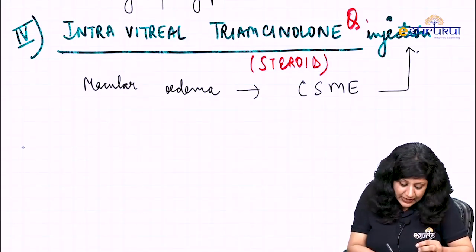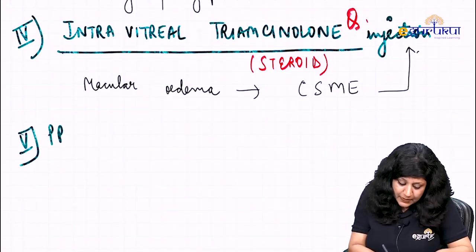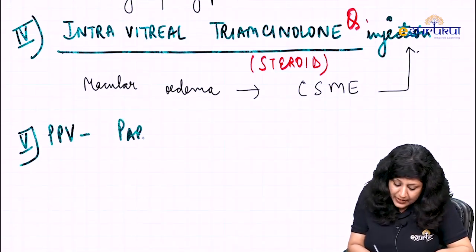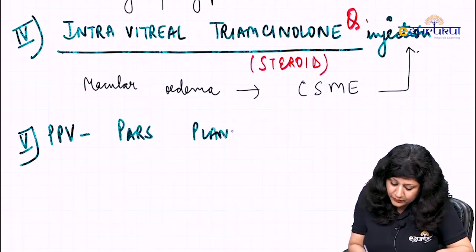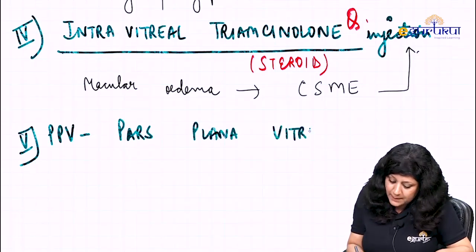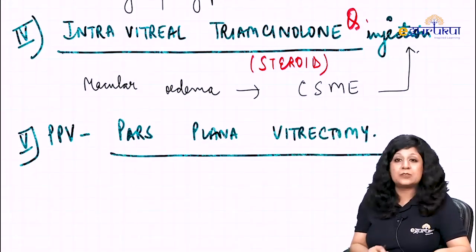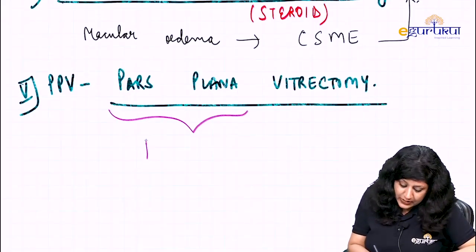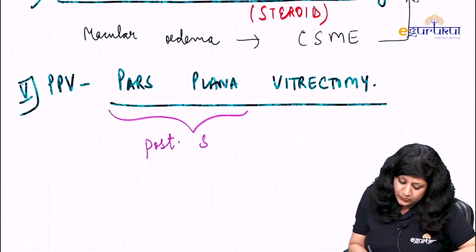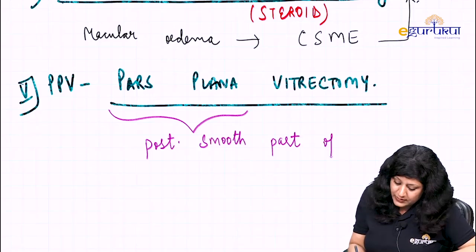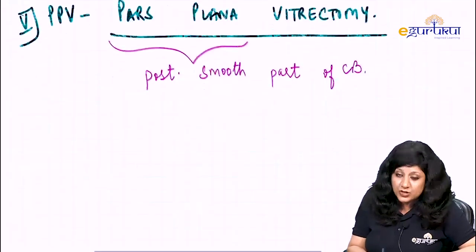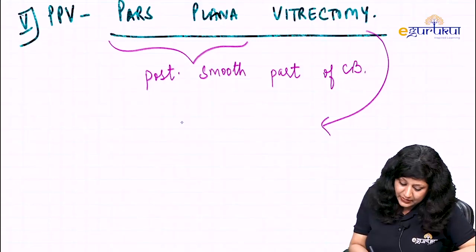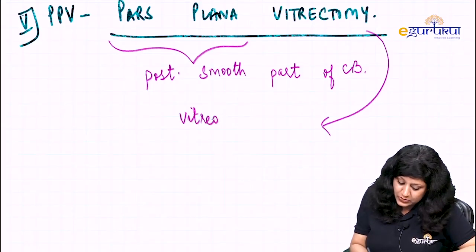And then finally I have what you call the PPV, that is pars plana vitrectomy. Now what is the meaning of this pars plana vitrectomy? Pars plana is the posterior smooth part of the ciliary body through which we are doing this vitrectomy, that is, we are doing the vitreous aspiration.